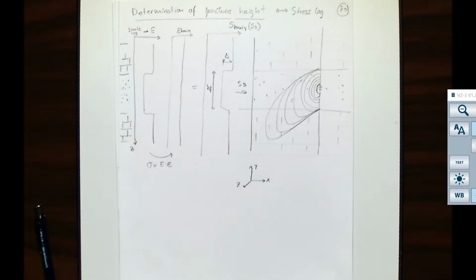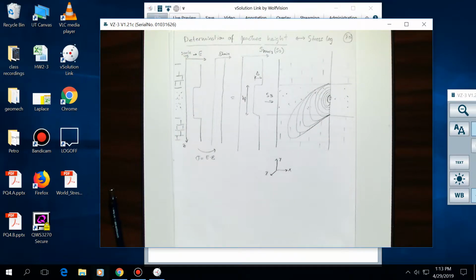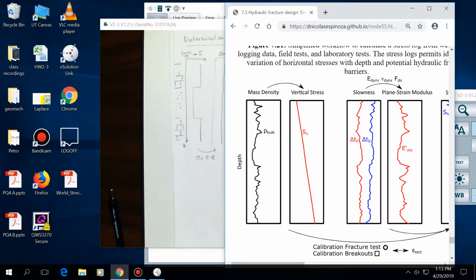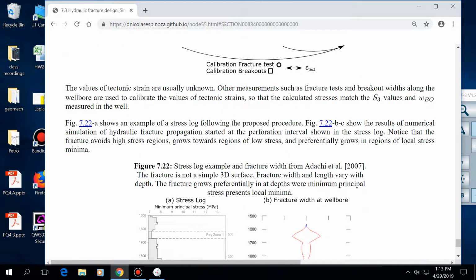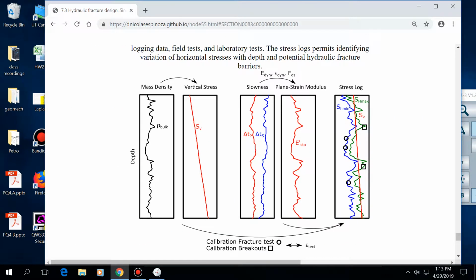Okay, so you have to do this in the homework, and you're going to find something like this. Try to do it on your own, okay?